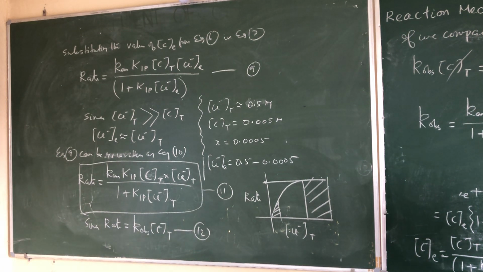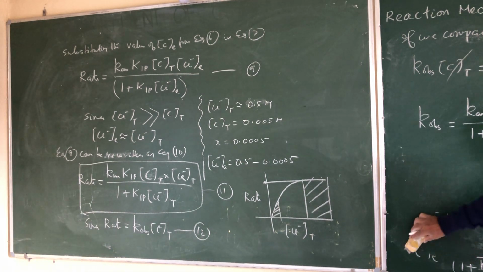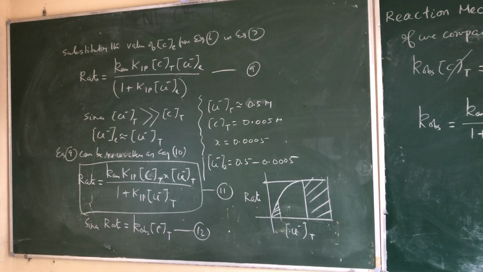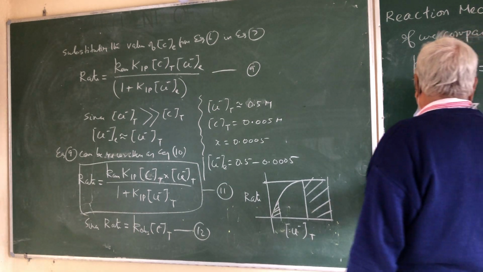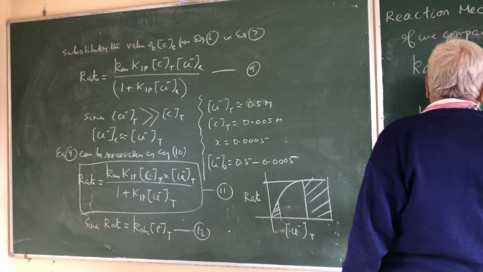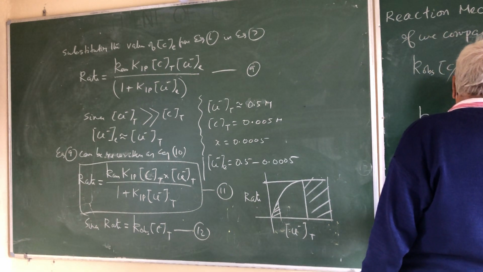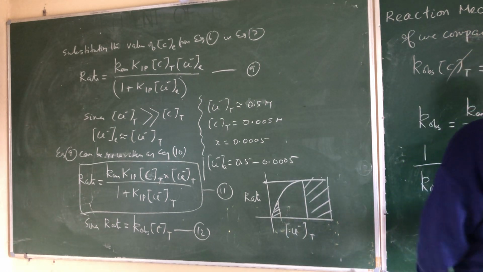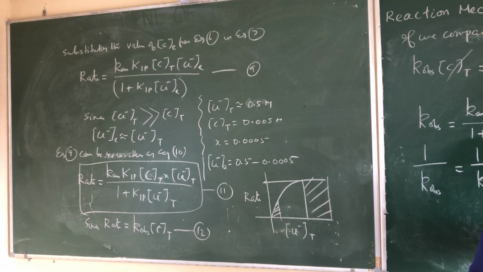If you take the reciprocal of equation 13, then what you get? You get 1 by K observed equals 1 by K Anderson plus 1 by K Anderson Ki into 1 by chloride total.